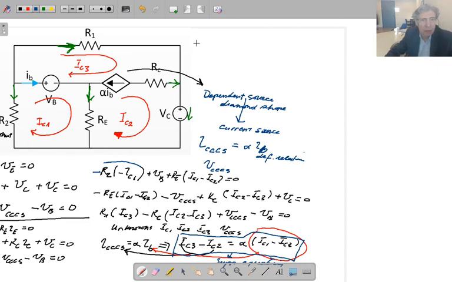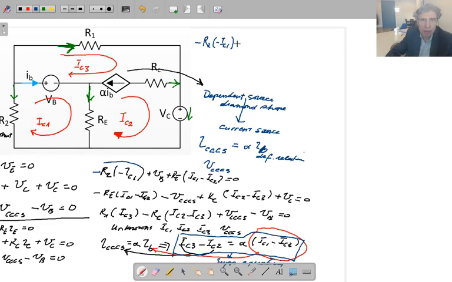So writing from the R2, I said minus R2, element definition relation, R2 times ER2. ER2 is minus IC1. I wrote this is the voltage of this R2 resistor.